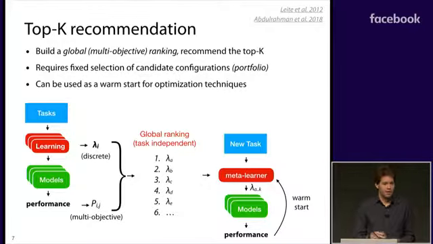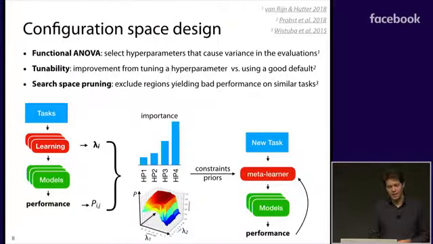You try the method that works well in general, always the best, then the second one and the third one. Right? Very general. And this is also useful as a warm starting technique. So if you're considering, for instance, Bayesian optimization, you can start with the overall top 10 configurations to warm start that approach.